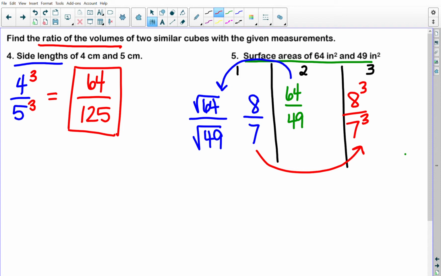So I have to go down to a first degree ratio, and then I can bring it up to a third degree ratio. So I get 512 over 343. And that is the ratio of the volumes of those figures.